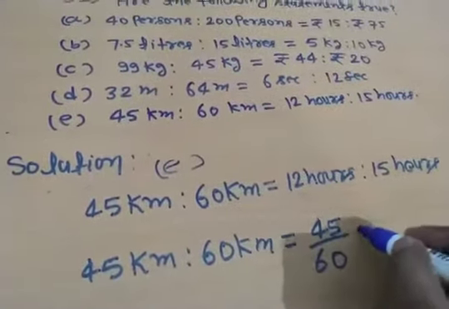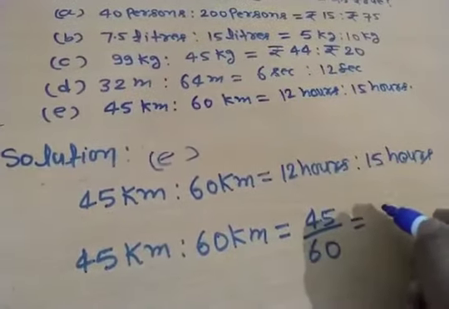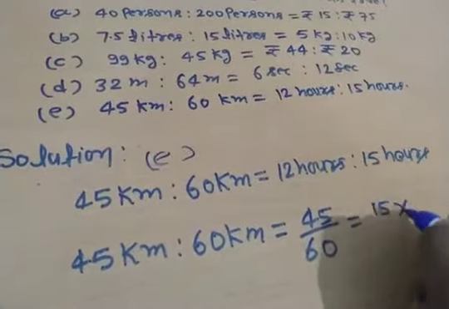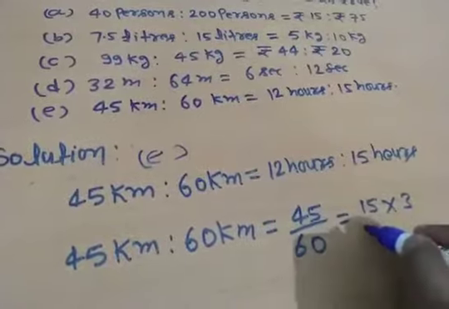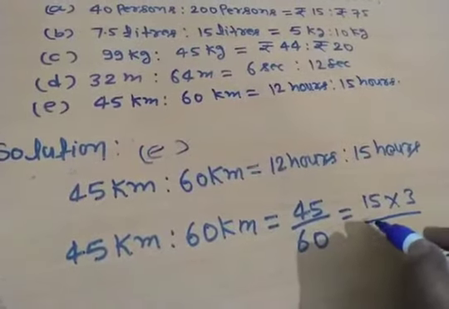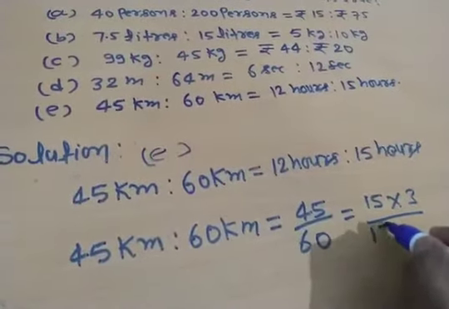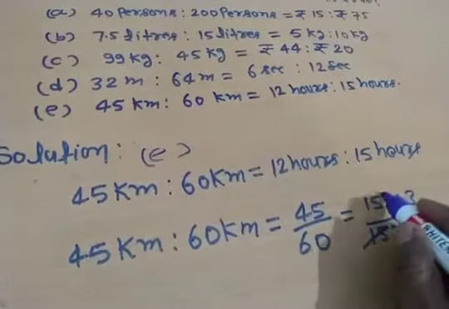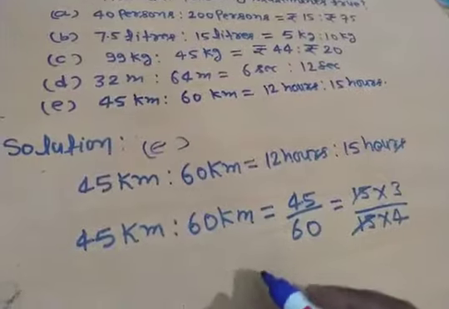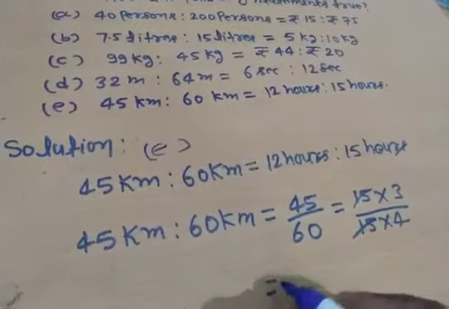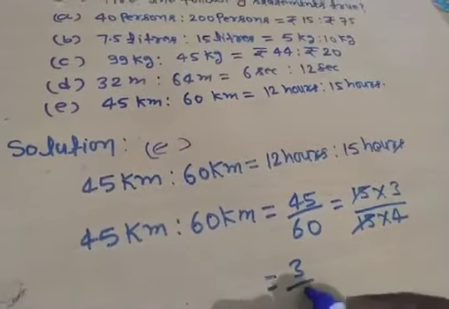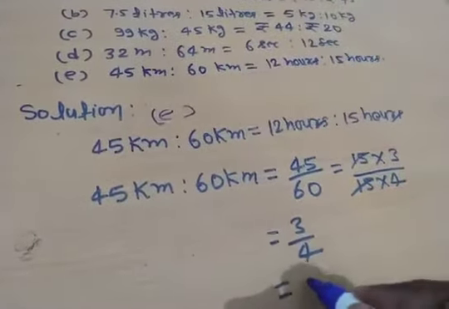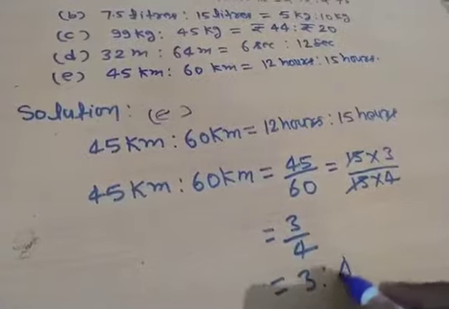You can write it 15 times 3 is 45 and 15 times 4 is 60. So here 15 cancels, and this is equal to 3 by 4. So if you change it in ratio, you obtain 3 ratio 4. Clear?